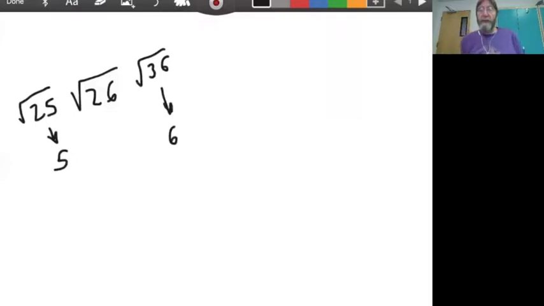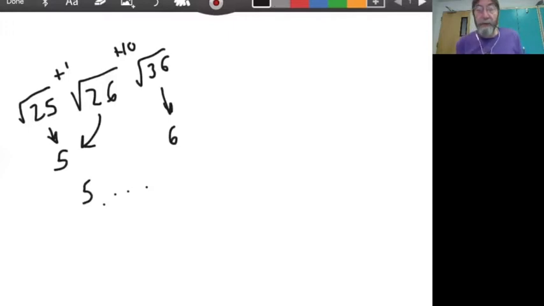Is the square root of 26 closer to 5, or is it closer to 6? Well, clearly we can see because 26 is only 1 away from 25, but it's 10 away from 36, the square root of 26 is going to be way closer to 5. It's going to be 5 point something, and probably something fairly low, like maybe a 5.1 or something like that.